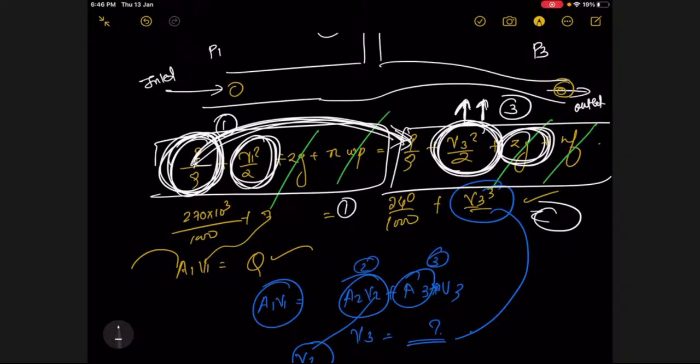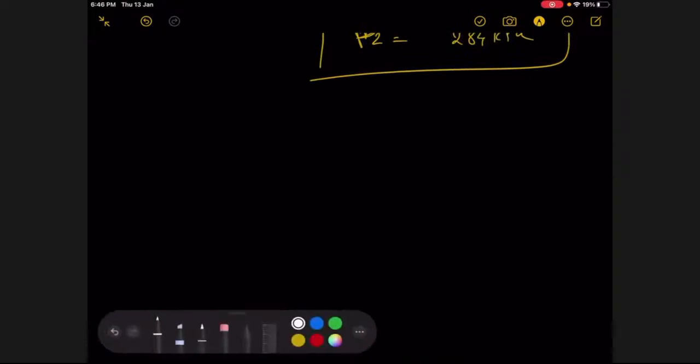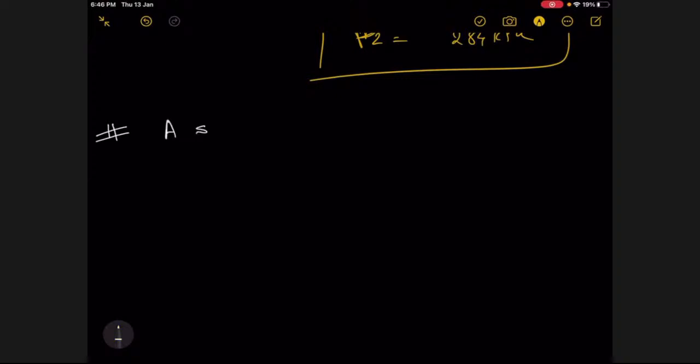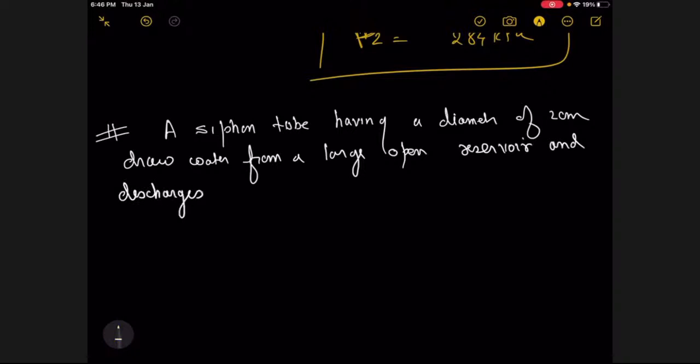Okay, one more question we will solve. A siphon tube having a diameter of 2 centimeter draws water from a large open reservoir and discharges into the open atmosphere.